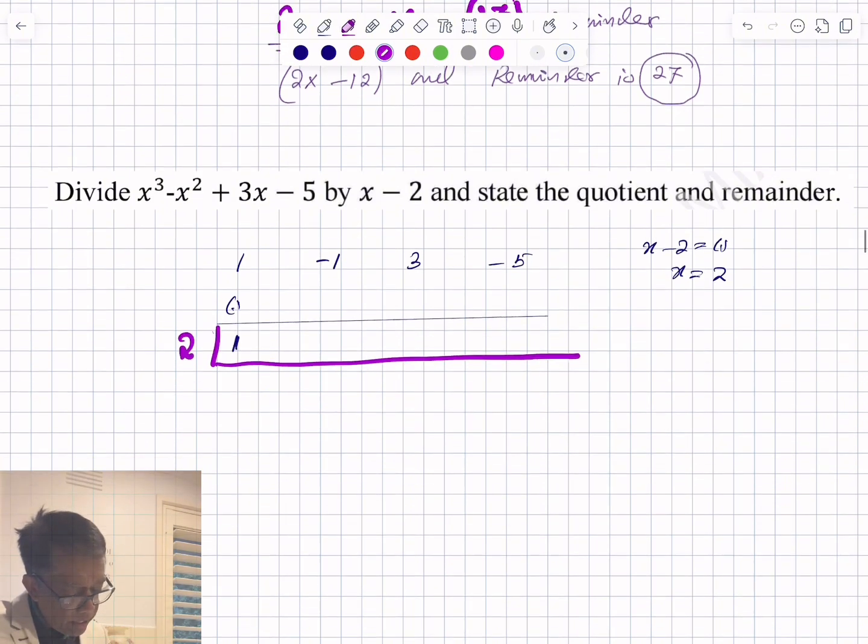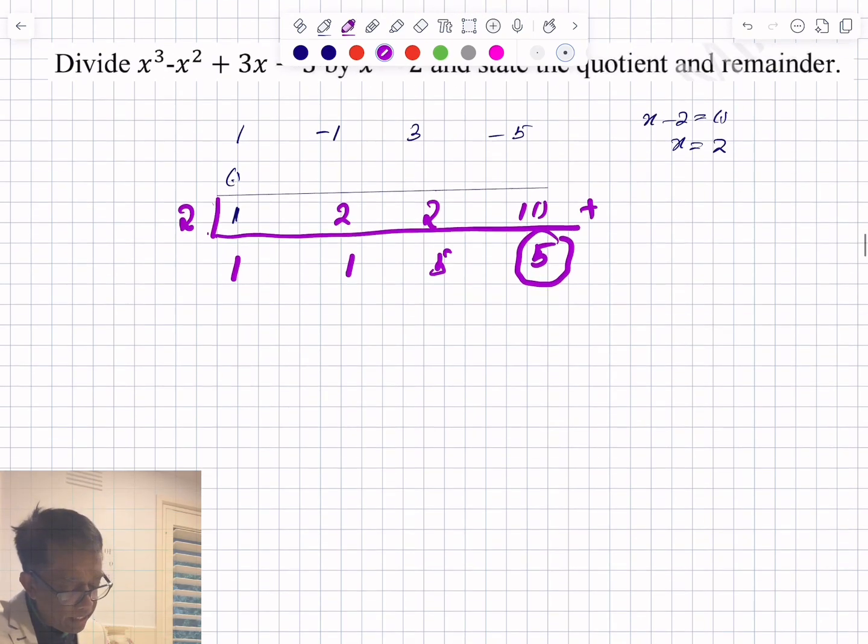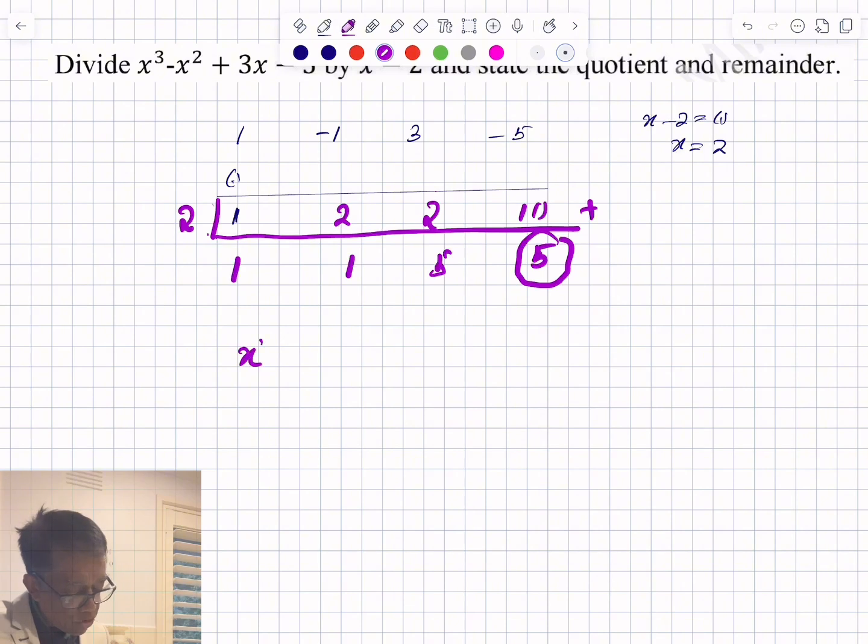Please write 2 here. 2 times 1 is 2. 2 plus -1 is 1. 2 times 1 again is 2. 3 plus 2 is 5. 5 times 2 is 10. If we add them, it is 5. This is the remainder. Then the quotient is x² plus x plus 5, and the remainder is 5.